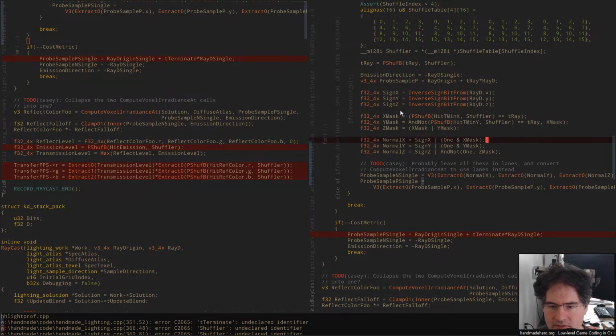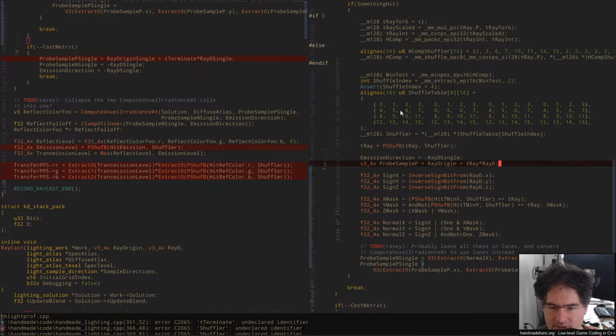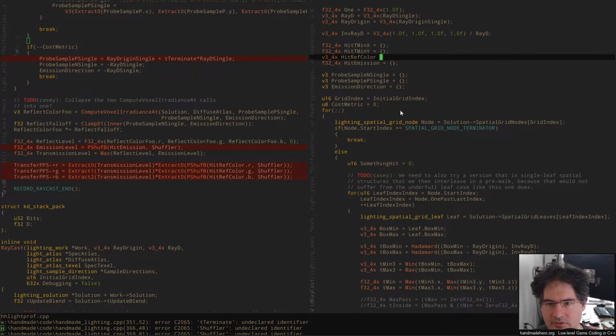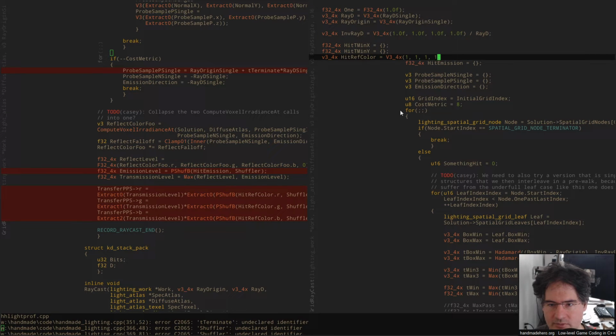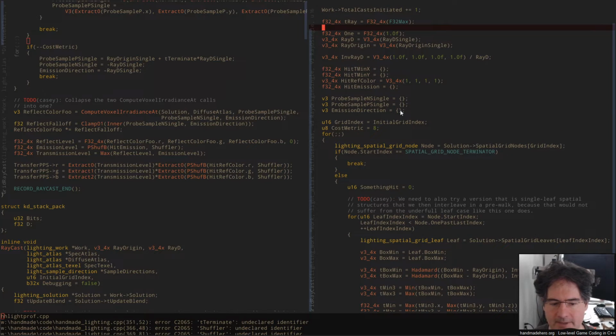So when we initialize that, you can see what we need here. When we produce this hit ref color here, this actually probably wants to be pure white because we wouldn't reduce the transmittance in the other case. So this is actually going to be V3 4X 1111. We're just going to assume that we don't reduce the emission in that case.